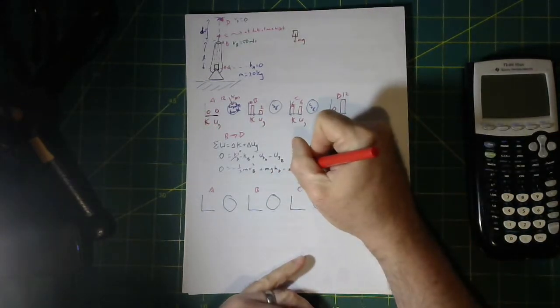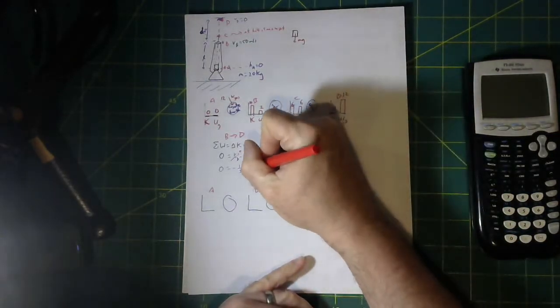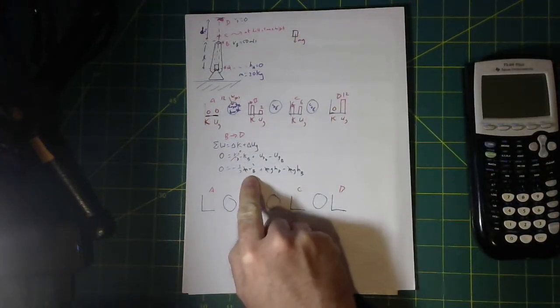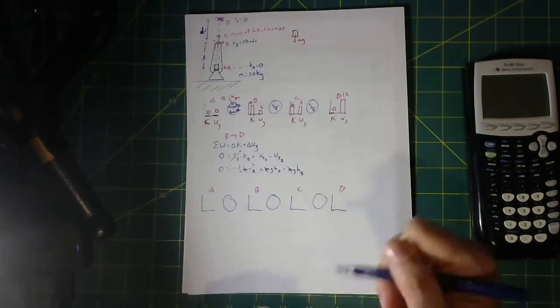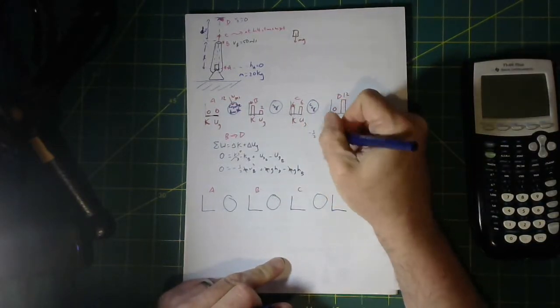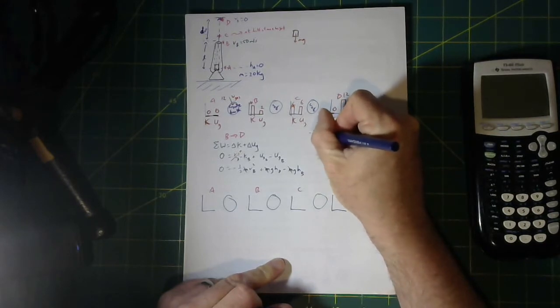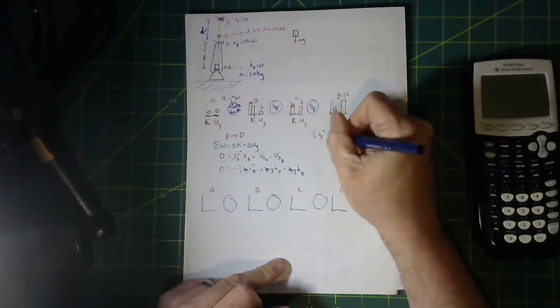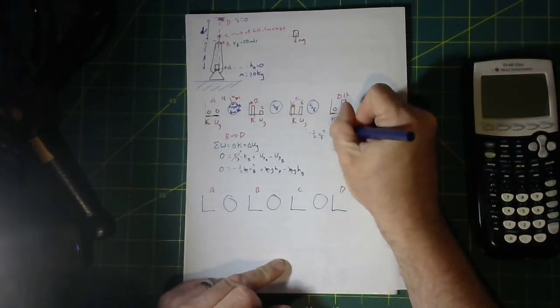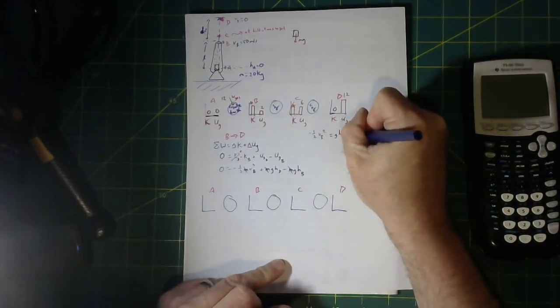So I could cancel all those m's. Bam, bam, bam. Okay, I'm going to move this minus 1/2 v squared to the other side. I'm going to move my work up here. On the other side now I have g h_D minus g h_B.